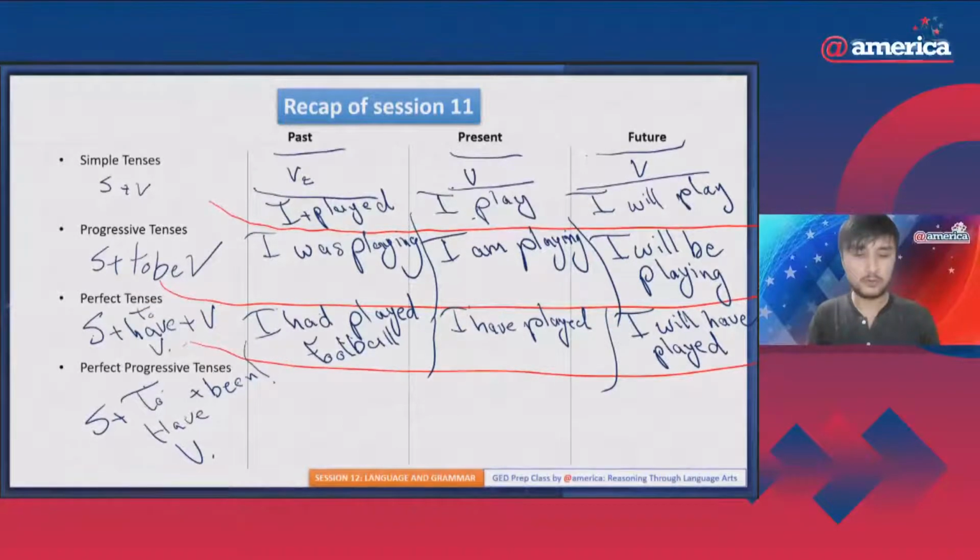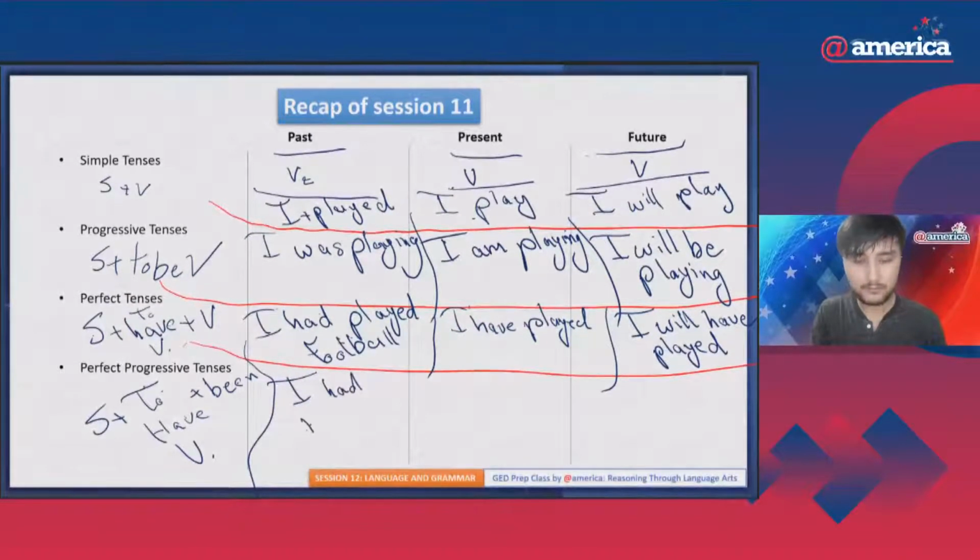So if you are talking about the past, you use had. I had been playing football for 3 hours before they asked me to join their team, and that's why I could not play.